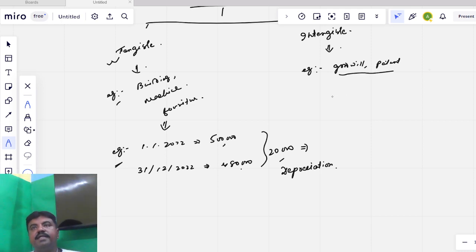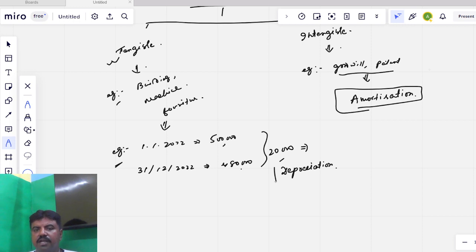Now the question comes: does the value of intangible assets reduce? Yes, the value of intangible assets also reduces, and that is called amortization. Amortization is also reduction of value, but it is reduction of value in intangible assets.